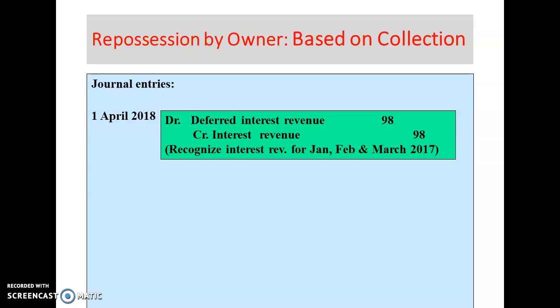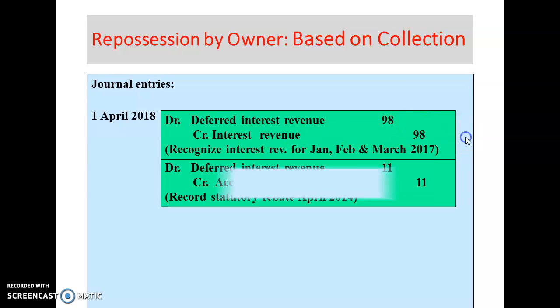If you compare the journal entries on the repossession date, they are almost the same for immediate and collection. First you need to recognize interest revenue for January, February and March. This is similar to the previous one. Interest revenue of 98.